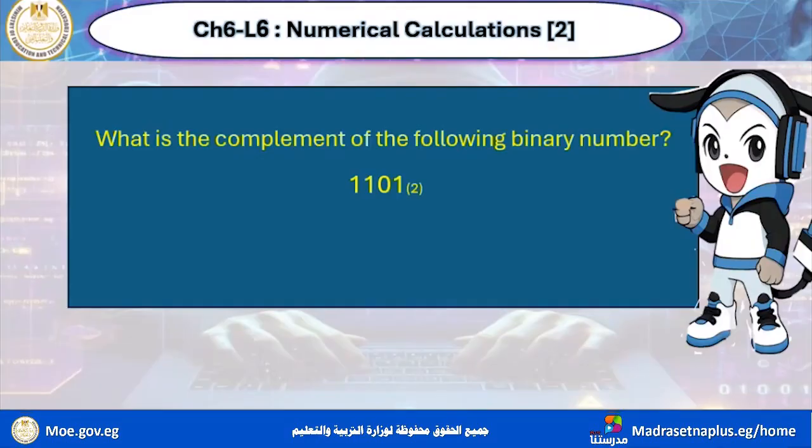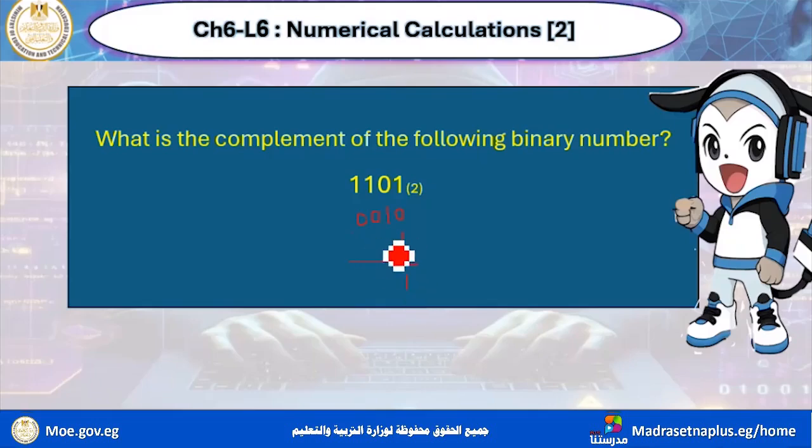What is the complement of the following binary number? Yes. Please invert. Invert 1 to 0, 0 to 1, 1 to 0, 1 to 0. Now add 1 here. Let's add: 0 plus 1 is equal to 1.